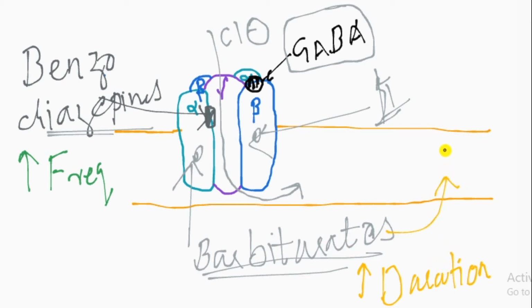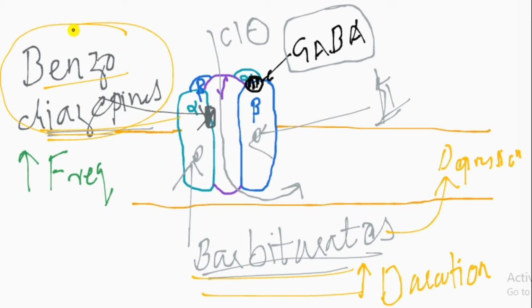Barbiturates often cause central nervous system depression. That's why most of the time we don't prescribe barbiturates. Benzodiazepines are preferred for treatment in clinical practice.